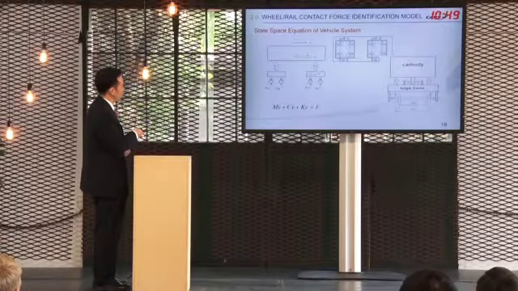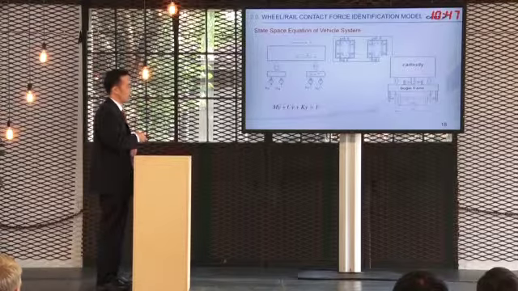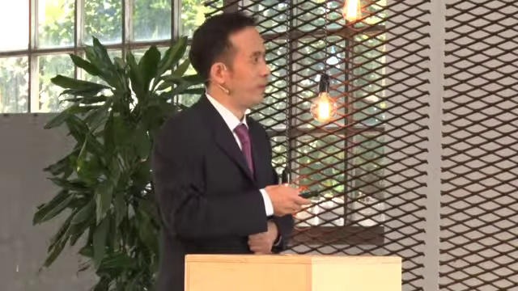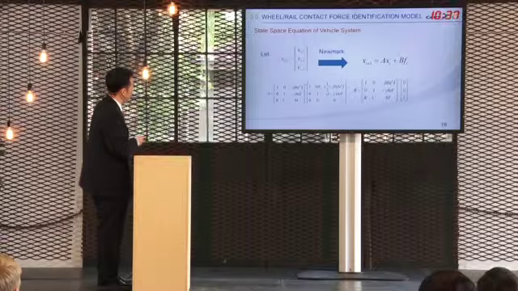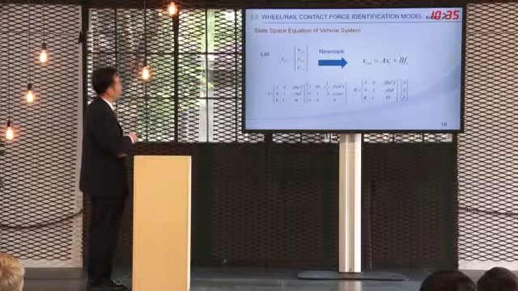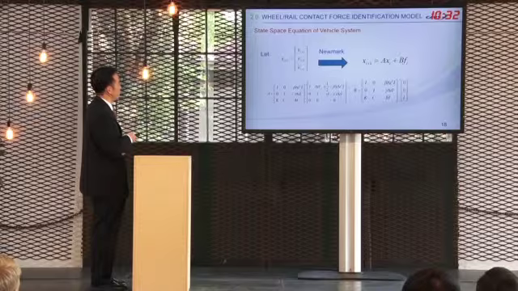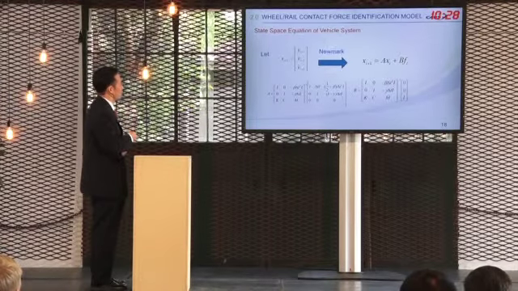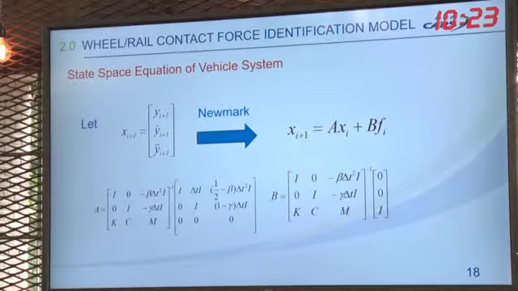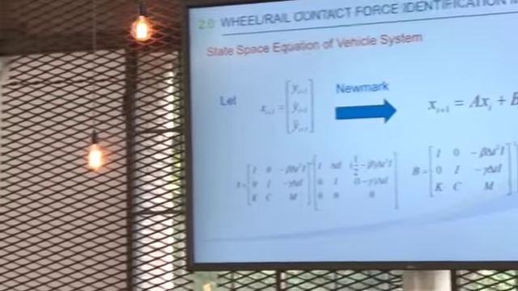In this model, we use the calculus theory to solve the contact force between the wheel and the rail. First, we transfer the dynamic model into the state space equation of the vehicle system by use of a numerical method. In the numerical method, the acceleration and the velocity are discretized by some formula.